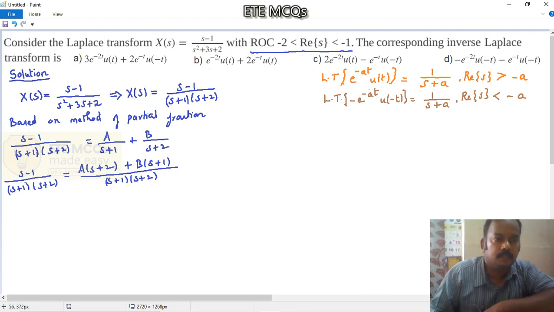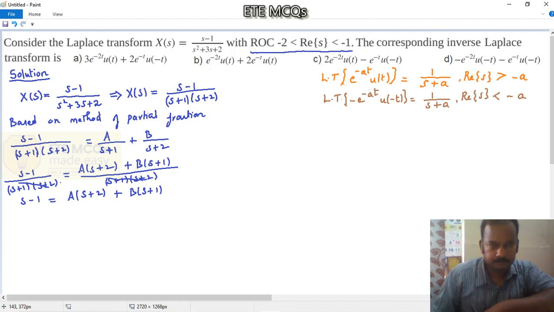Upon cancellation of the denominators, we have s minus 1 is equal to A into (s plus 2) plus B into (s plus 1).